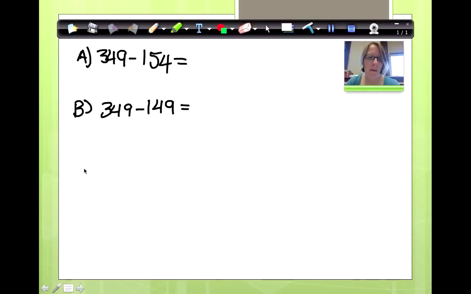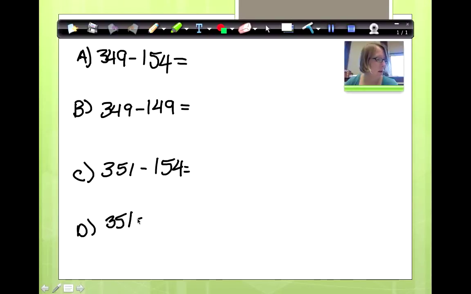Then we're going to have problem C, and that one is 351 take away 154. And then we're going to have problem D, which is 351 take away 149. Okay?